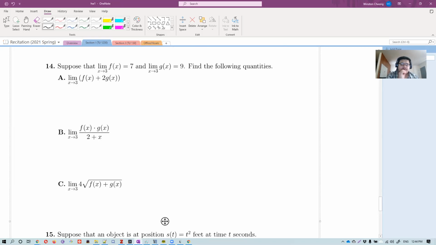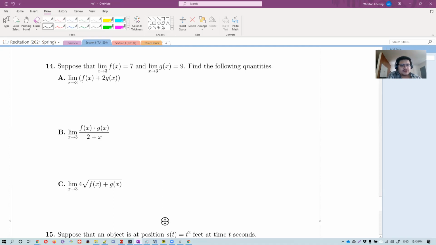But because we kind of assume all these functions are continuous, the definition of continuity says that taking the limit and evaluating are going to give you the same result. So that's a way to shortcut. But if you haven't covered that yet, you'll cover it very soon.